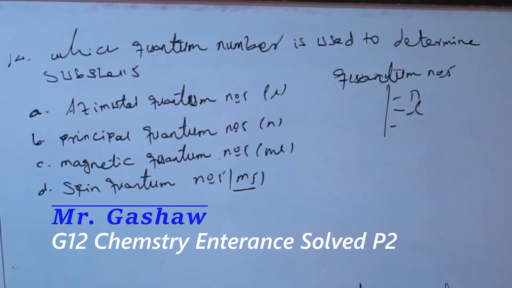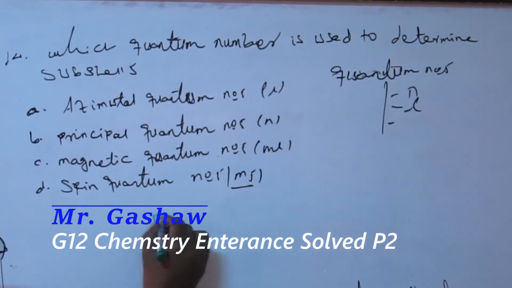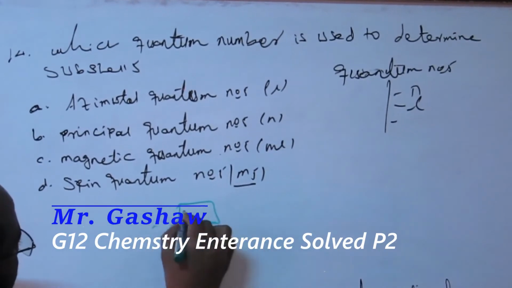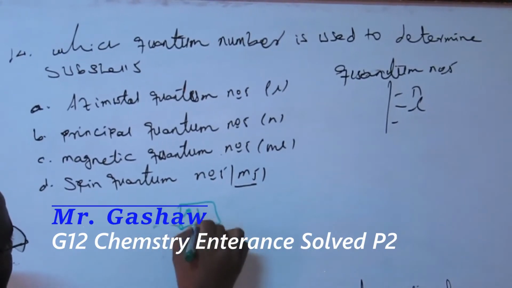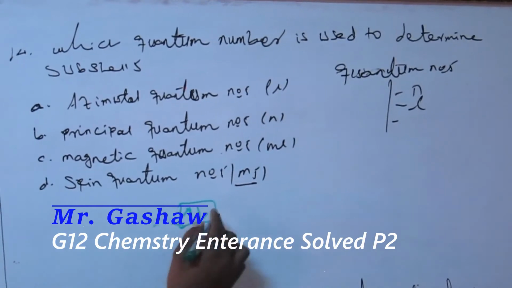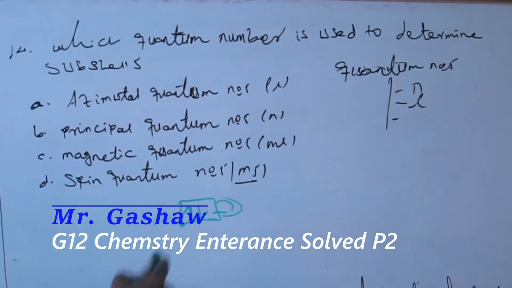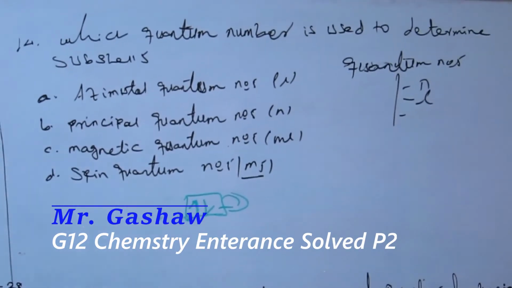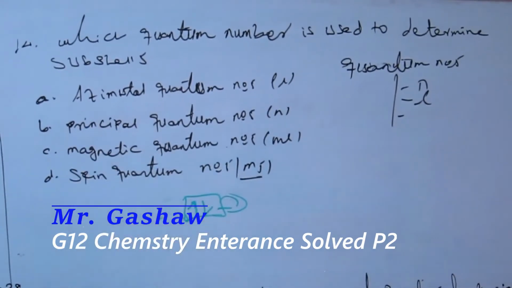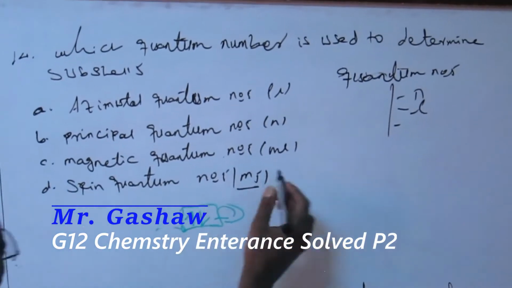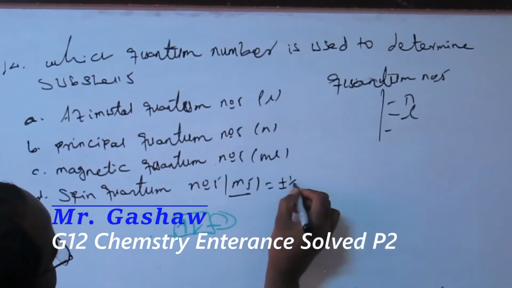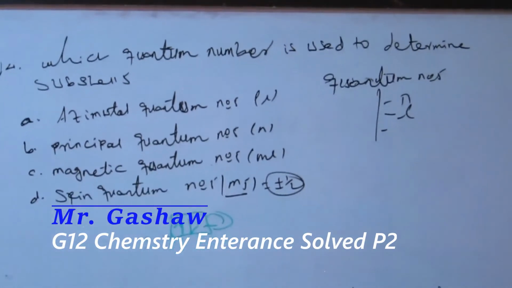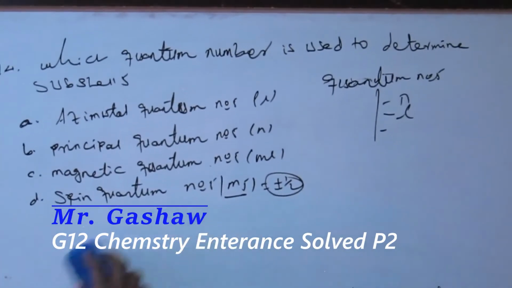That means when electrons are placed in one orbital, they are placed in different directions, opposite to each other, because to minimize the repulsion force between the electrons, they have different spins. So the value is plus or minus 1/2. That is the spin quantum number; it has nothing else.